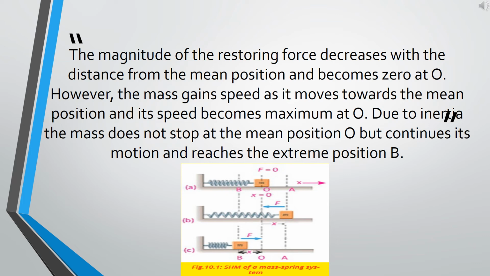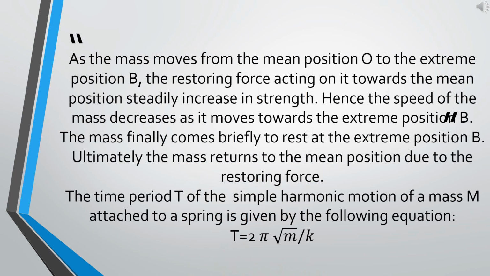The mass does not stop at the mean position O but continues its motion and reaches the extreme position B. Okay students, we have seen that after reaching the extreme position A, when the body comes back to the mean position due to restoring force and due to inertia, it reaches toward extreme position B.